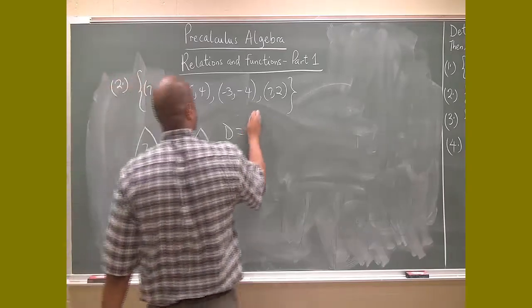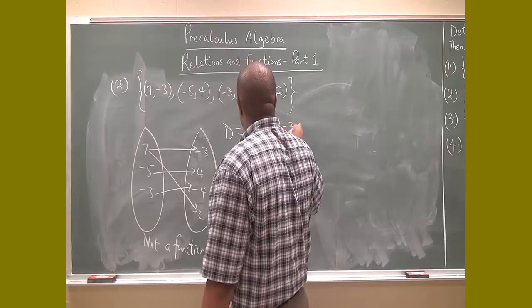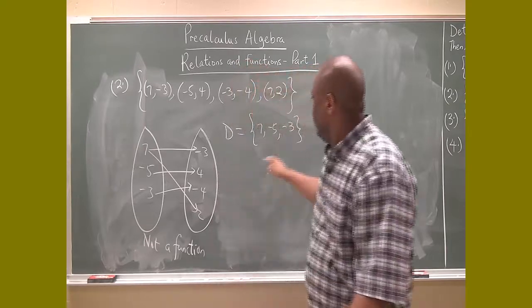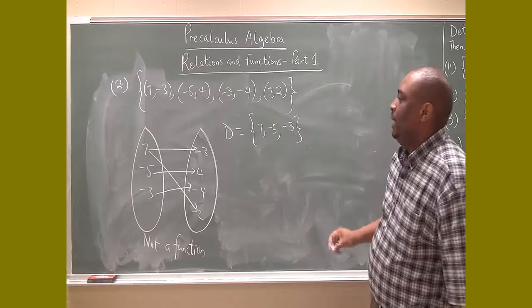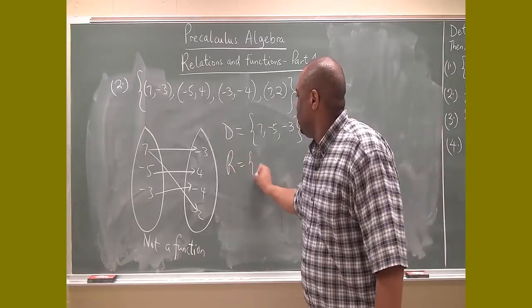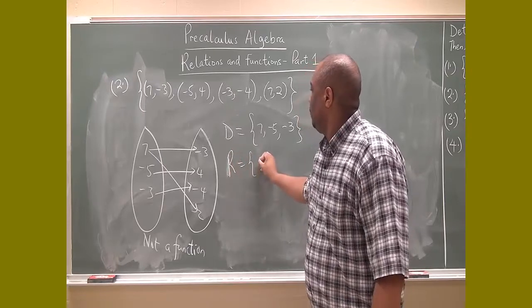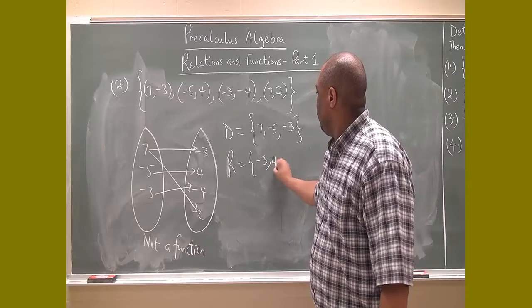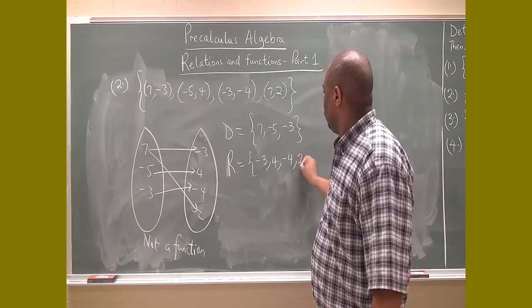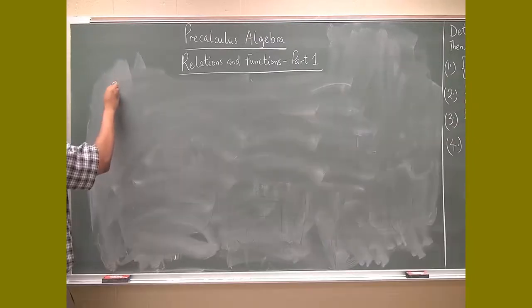The domain is the set of 7, -5, -3. And then the range is the set of -3, 4, -4, 2. That's it.